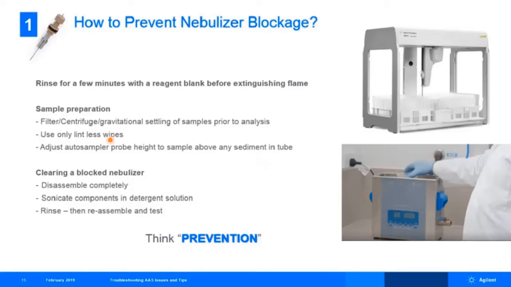And we also need to make sure that if we're wiping our sample capillary between samples, that we're using lintless wipes. Otherwise, the fibers can build up, can be drawn through the nebulizer, and potentially can be a cause of nebulizer blockage. Now, of course, once we have a blocked nebulizer, then really the best way to solve that is to disassemble the nebulizer completely and sonicate the components in a detergent solution in an ultrasonic bath, as we're showing here in the photograph.